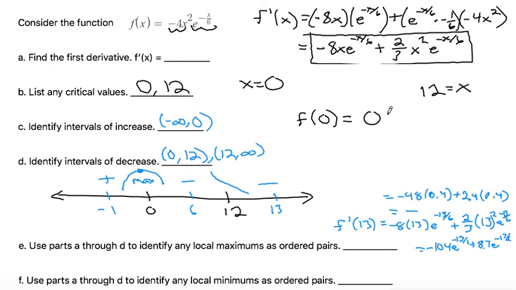It would be 0 or negative 0 plus 0, which would just be 0. That would give us our local maximum at (0, 0), and we do not have any minimums, so we can just put NA, or does not exist, or something to that effect.